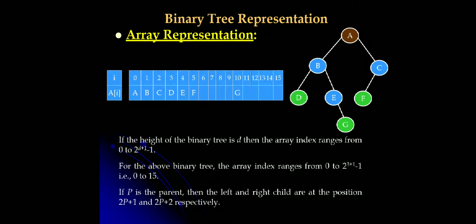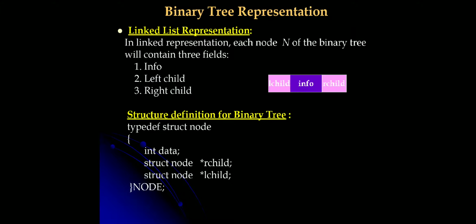of the parent. Coming to linked list representation, you know that in a binary tree, each node should maintain two addresses. One is the address of the left subtree and the other one is the address of the right subtree. So which data structure or which type of linked list is appropriate for implementing a binary tree? It is a doubly linked list.